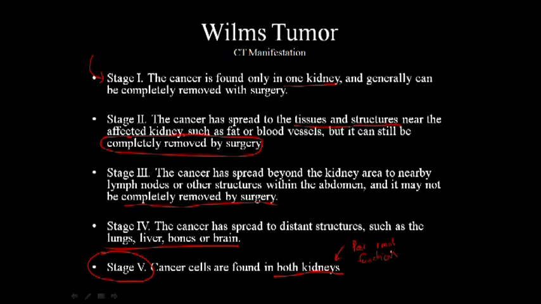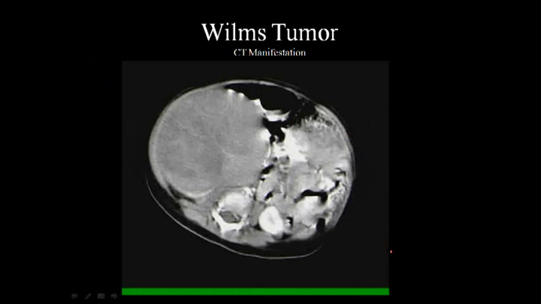But it really makes you wonder in a child how many patients actually reach stage 5, because as we know, children are growing, and you should be able to see that there's a large abdominal mass based on what we're going to see in terms of CT manifestations. So I would favor that stage 5 usually isn't reached because you're going to see this mass hopefully before that.